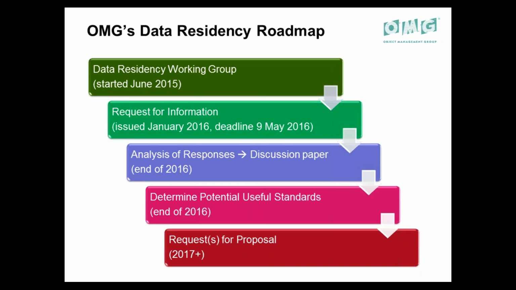But we will do some work, and there is a very well-established process at OMG that produces technology standards or technology specifications within a period that is fast by the habits of standards organizations, 2 to 3 years typically, and that is initiated by us issuing requests for proposals.